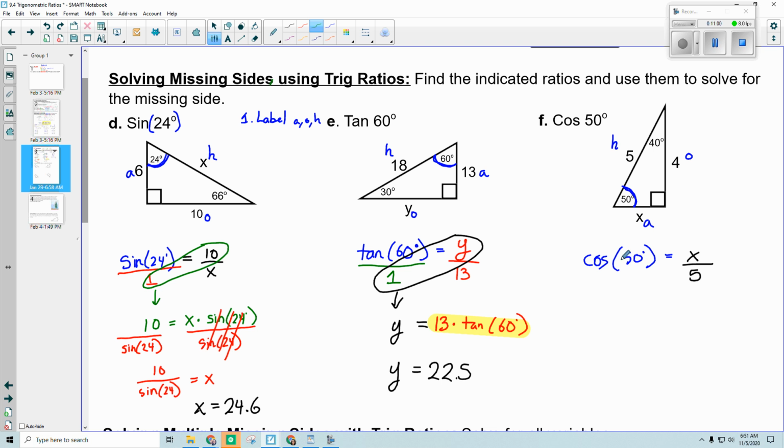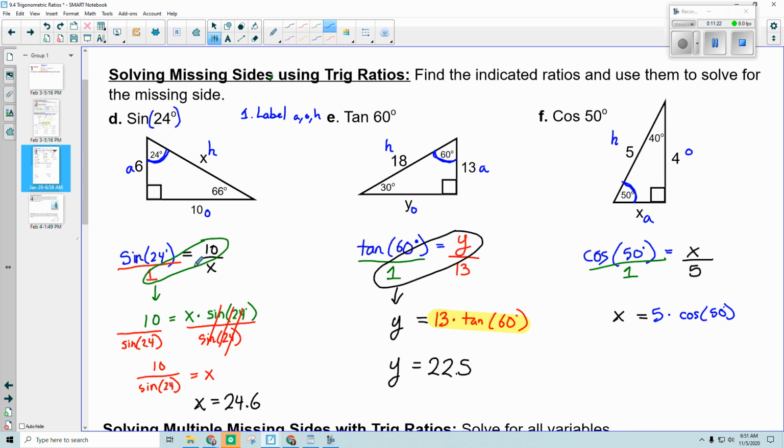All right, so now that I have what that trig function equals, that's the ratio it equals, I can cross multiply. So 1 times x is x. And then 5 times cosine of 50, I just put the 5 out in front, so 5 times cosine of 50, and I leave the 50 alone. Don't multiply that by 5, okay?